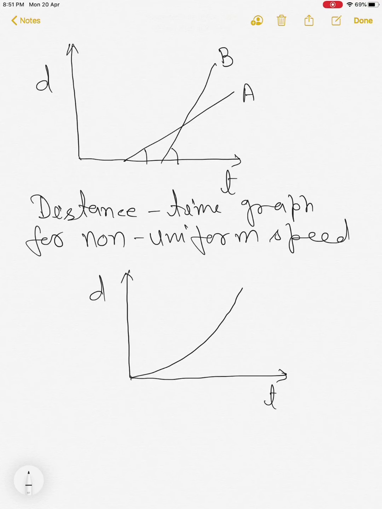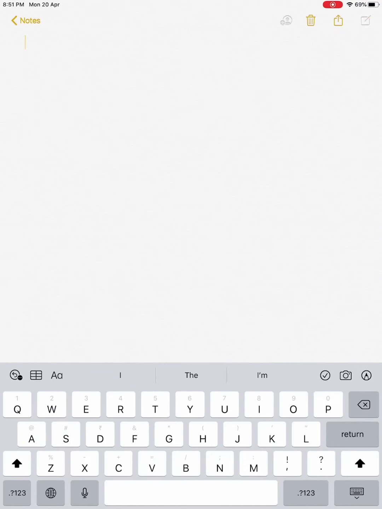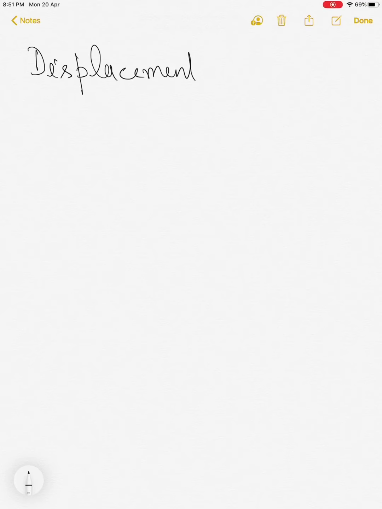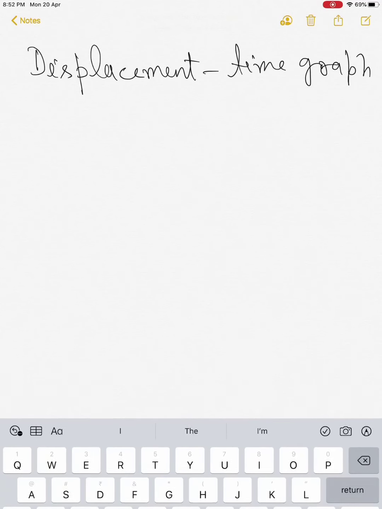Now, next is the displacement time graph. If displacement is taken on the y axis and time is on the x axis, then it will be a displacement time graph.